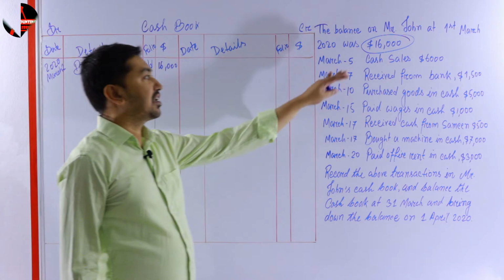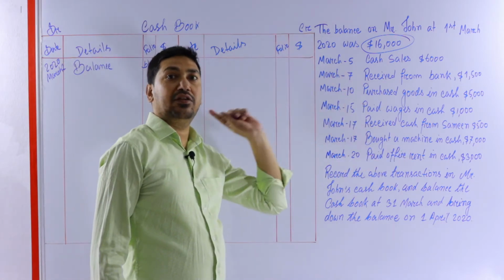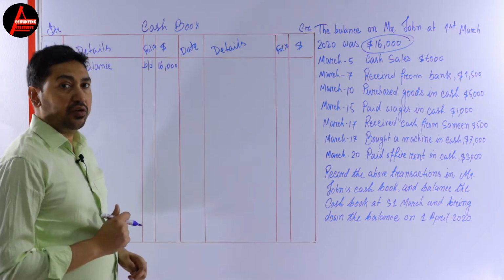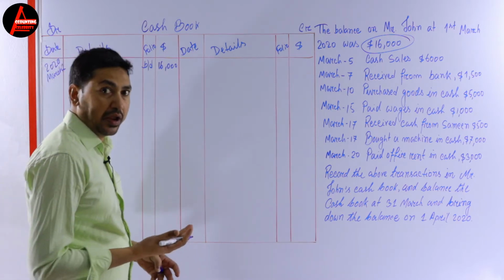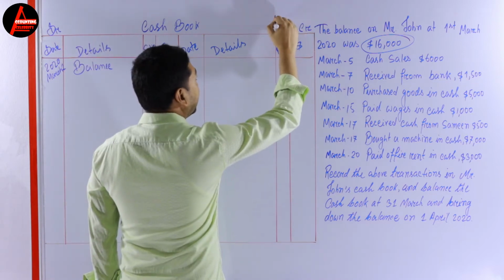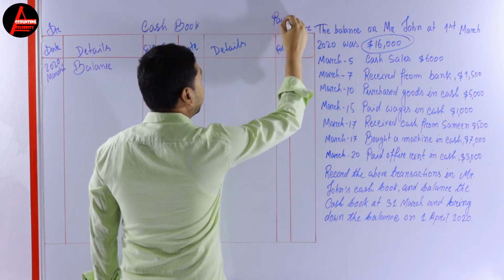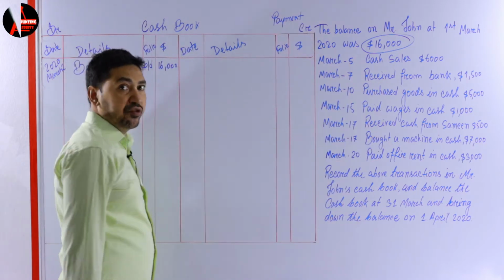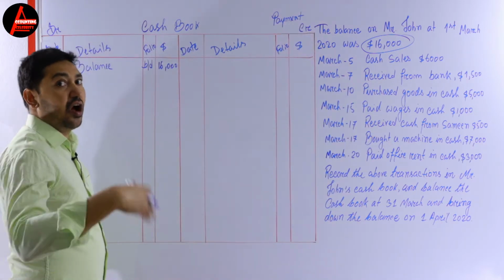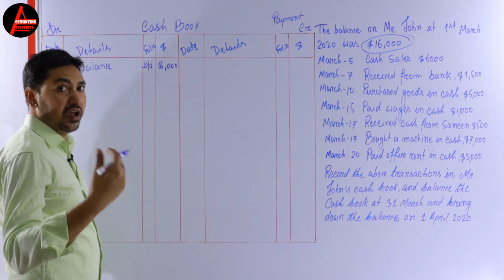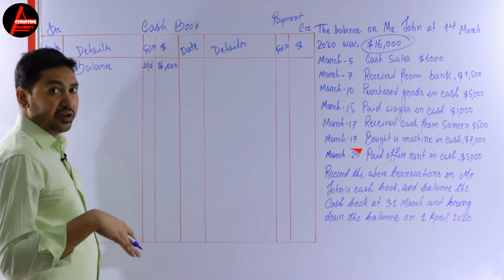Okay, now these are the transactions given. We have to enter them one by one here. So one thing, don't forget: when you pay your expenses, any kind of payment, it will be recorded on the credit side. All transactions, like if you receive anything, will be recorded on the debit side.